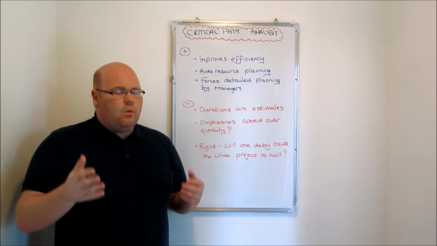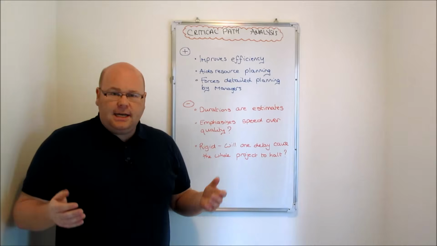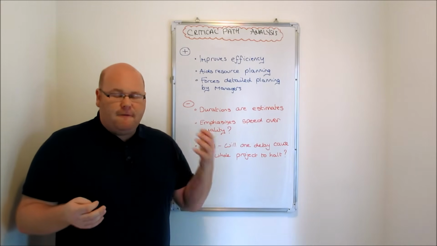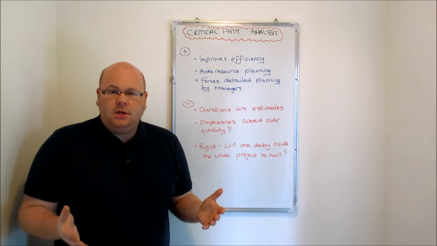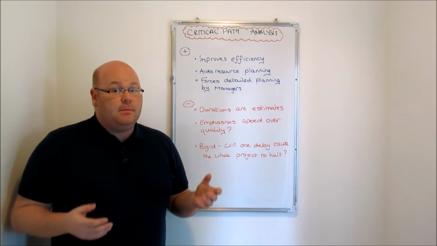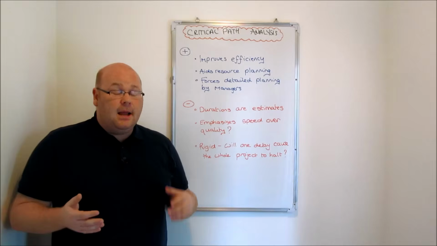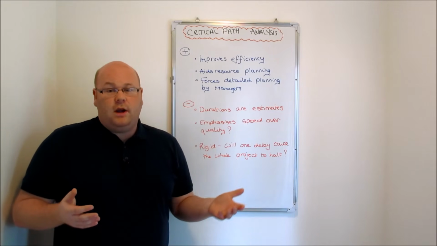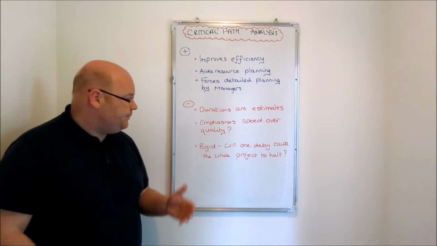So it's one thing that we must want to think about, especially for organizations where brand name, customer service, quality, performance are vital measures to them. We might just raise question marks about whether critical path analysis might encourage a slightly different culture that moves away from the quality of provision.